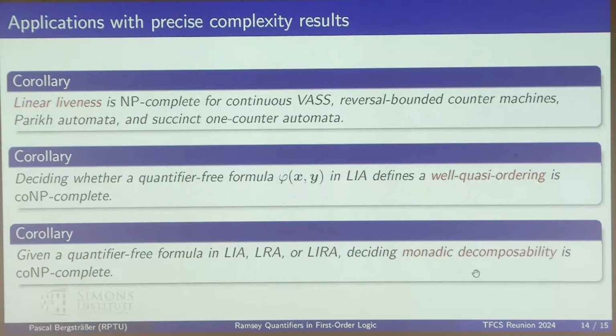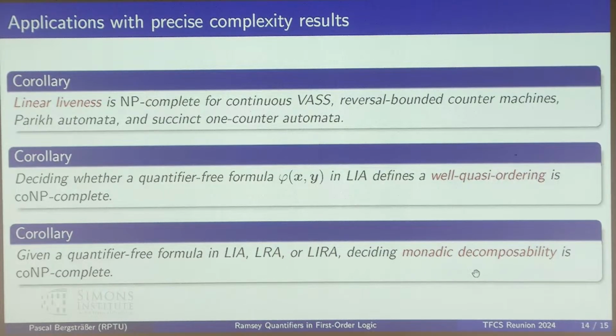This has several applications, for example in constraint databases, where such simplifications of formulas can really help you speed things up. This problem of monadic decomposability can be shown to be co-NP-complete for all of these linear arithmetic logics I talked about.